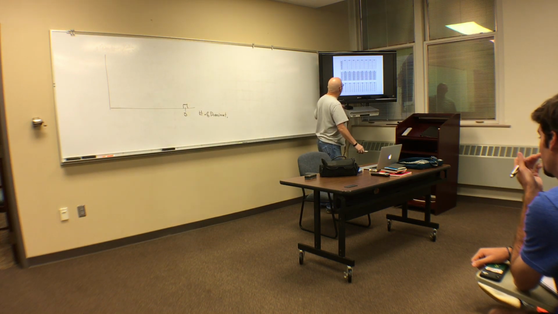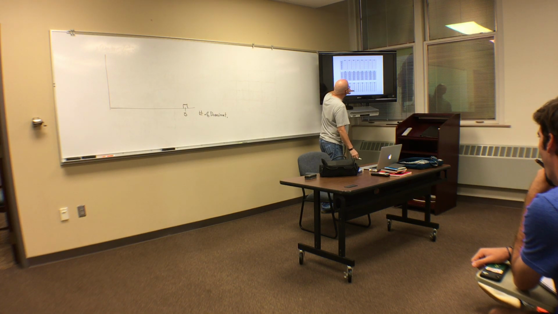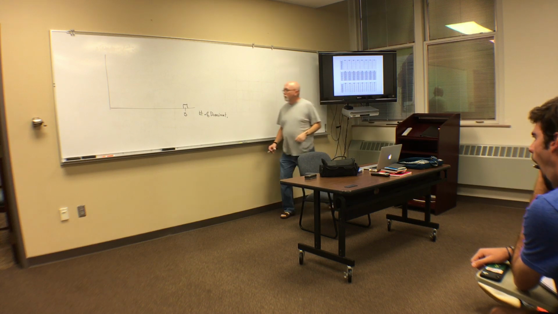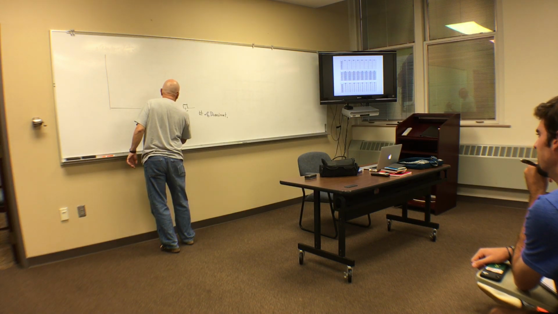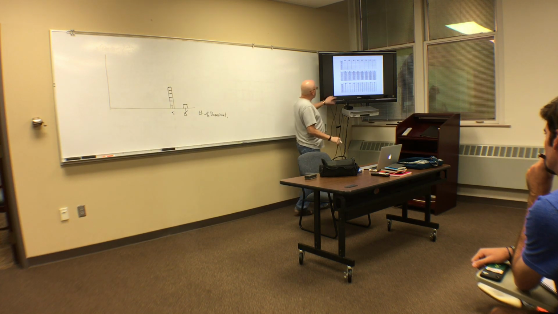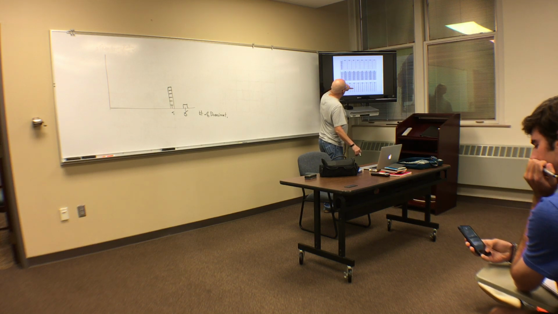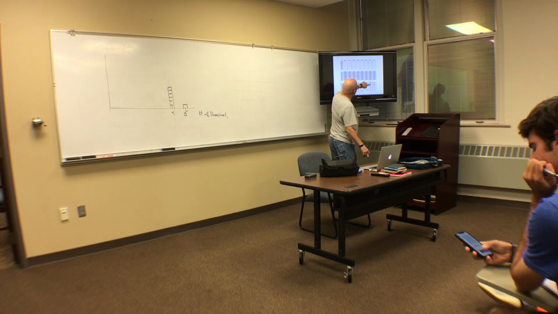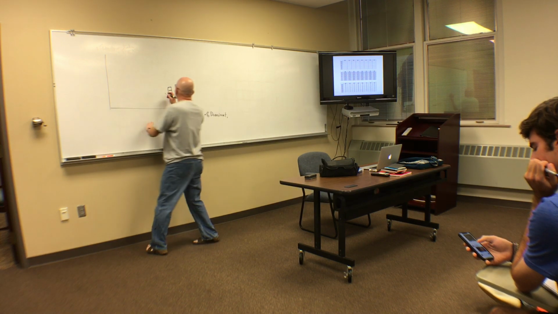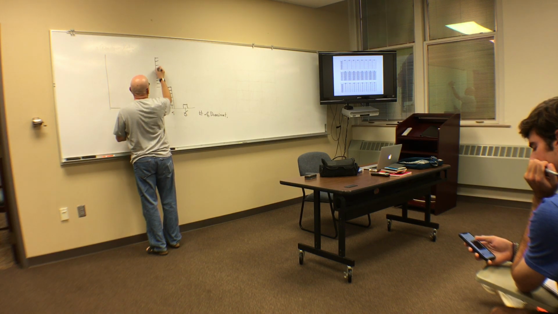How many individuals have 5 dominant alleles? 1, 2, 3, 4, 5, 6. 4 dominant alleles: 1, 2, 3, 4, 5, 6, 7, 8, 9, 10, 11, 12, 13, 14, 15.